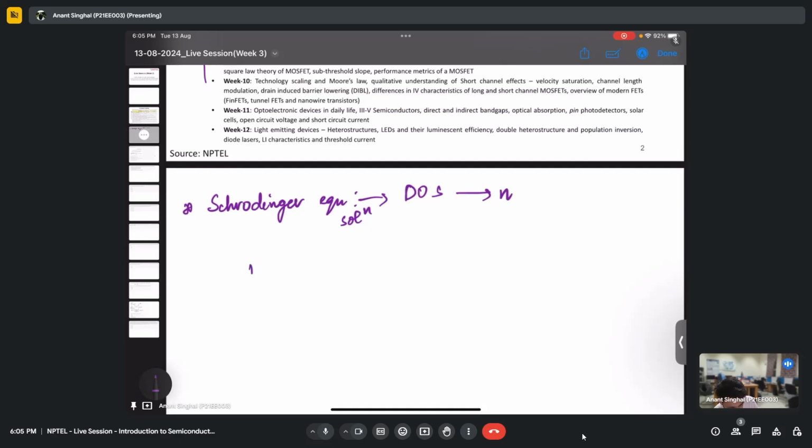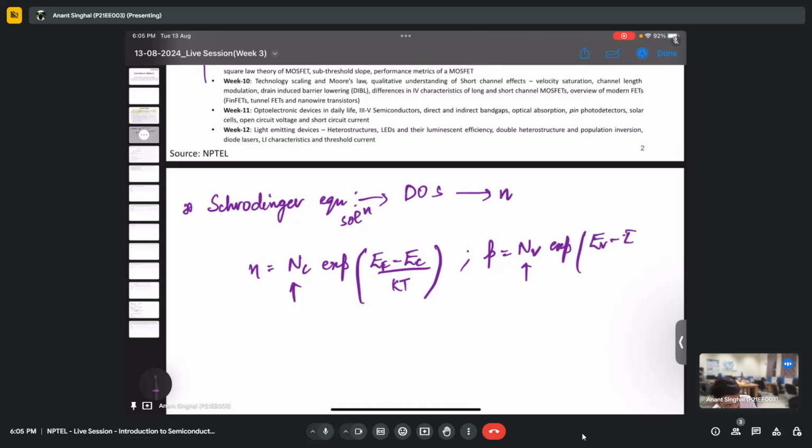We had two relations for n type, related to the effective density of states NC and the exponential of the difference between the conduction band and the Fermi level over kT, in electron volts. Similarly for the p type, we had the effective density of the valence band, and the relation remains the same, which is EV minus EF over kT.